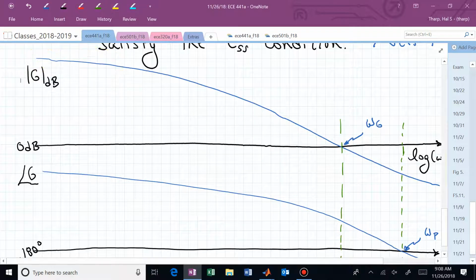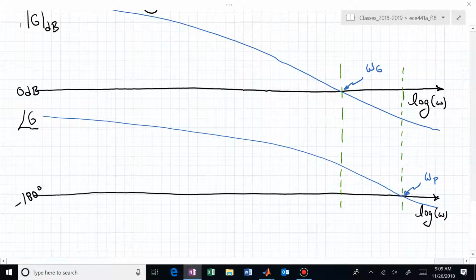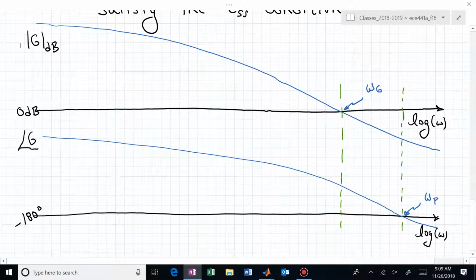But now, if that's the case, how much can I increase the gain in this situation? Is my magnitude curve below 0 dB when the phase crosses over minus 180?